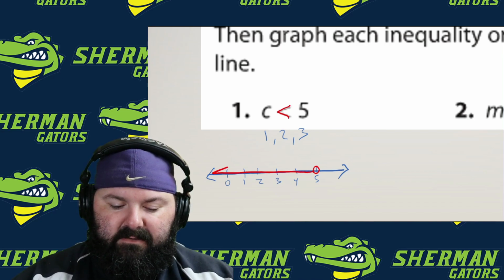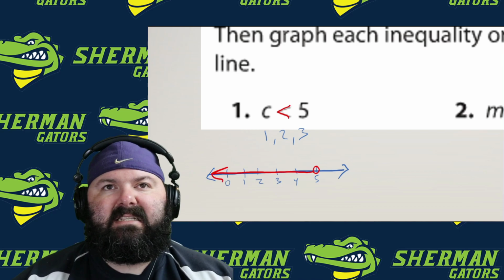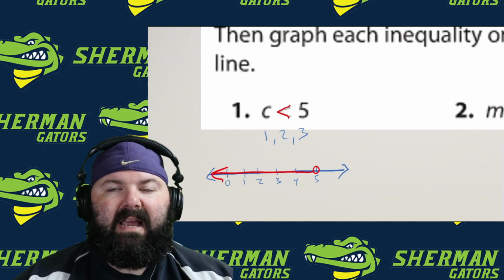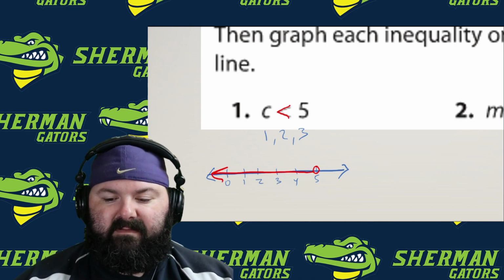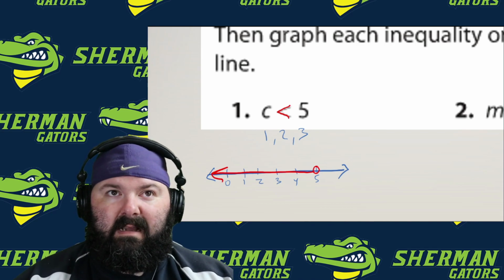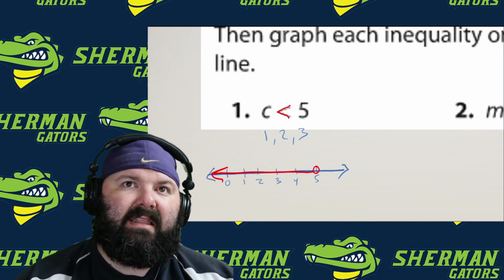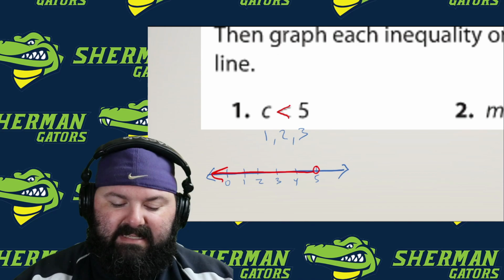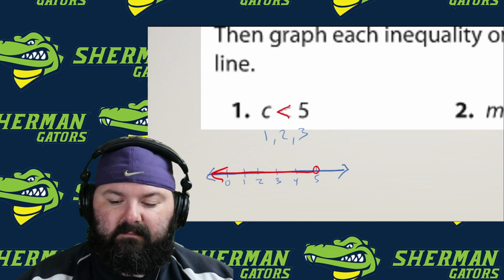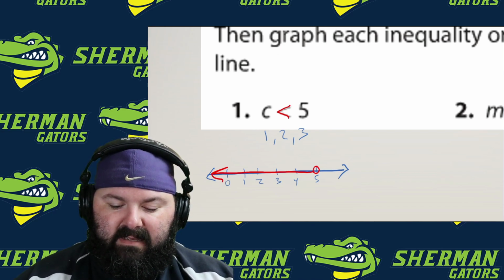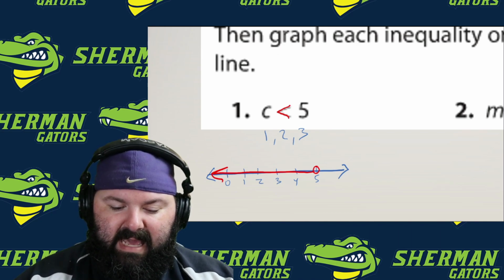But I did something wrong. Am I going to have the open circle on 5? No, I'm not. So make sure you guys understand that it is not on 5 because it is not saying equal to. So actually, my open circle can be right here on the 3 and going this way.